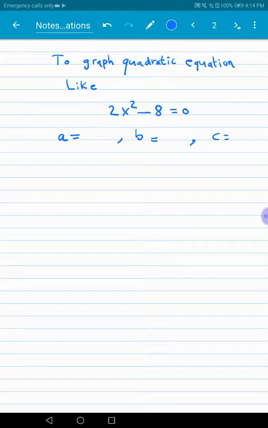Its value here is 2. The B is the number before x. Can you see x in this equation? No, it's missing, so B is 0. And C is the number which comes alone, or the y-intercept, so C is equal to minus 8.